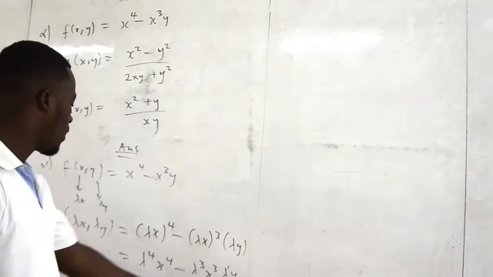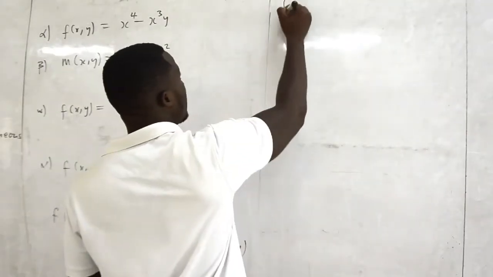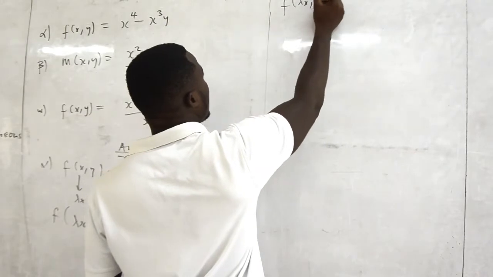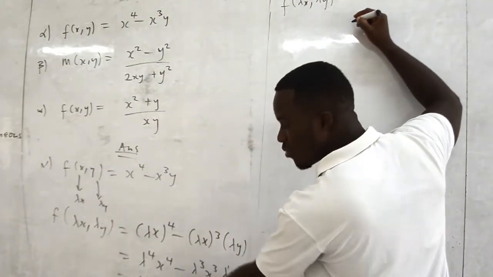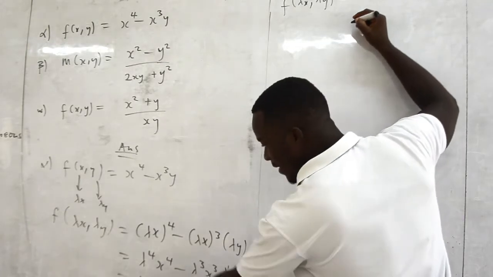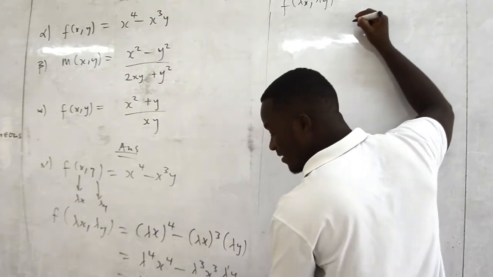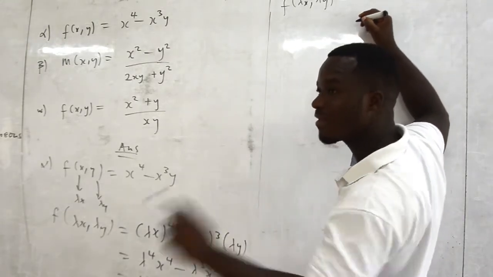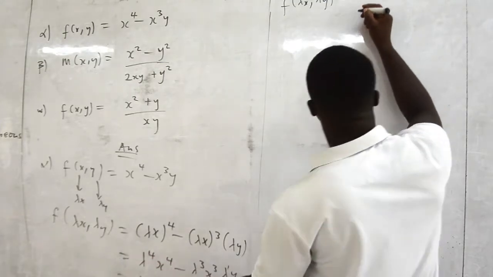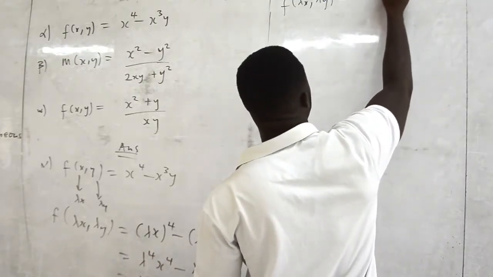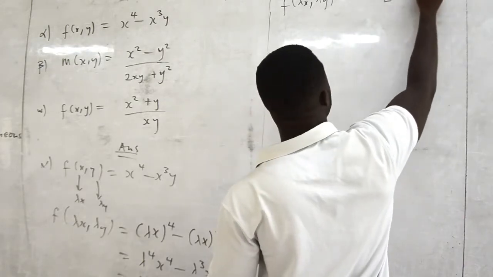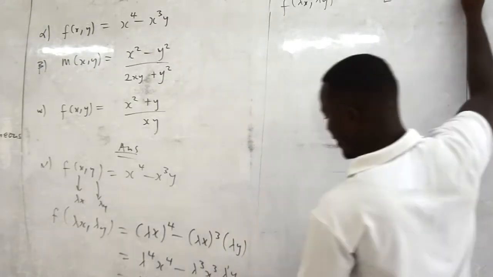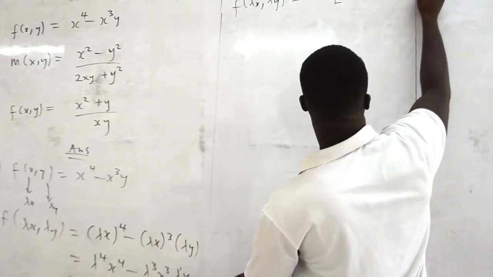Writing this out, f of lambda x, lambda y equals. I can see that lambda to the power of 4 is common to both terms, so I factor lambda to the power of 4 out. What is left is x to the power of 4 minus x to the power of 3 y.